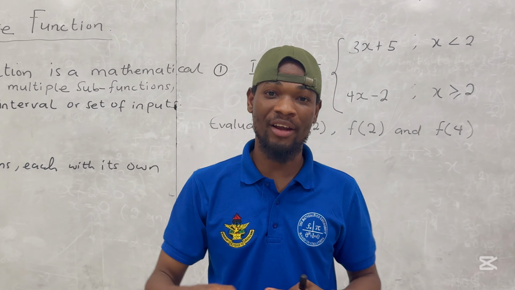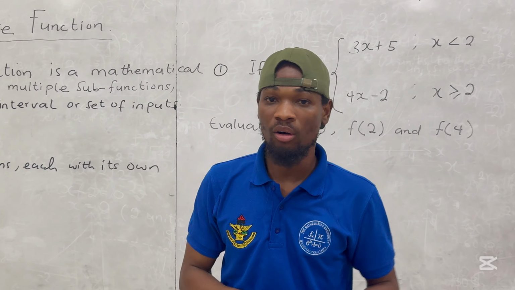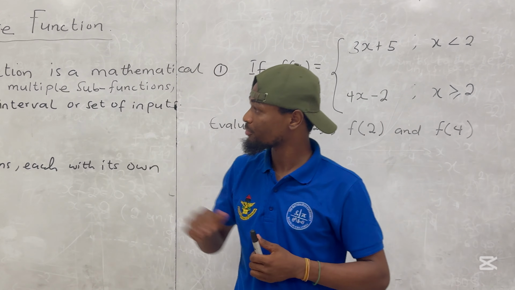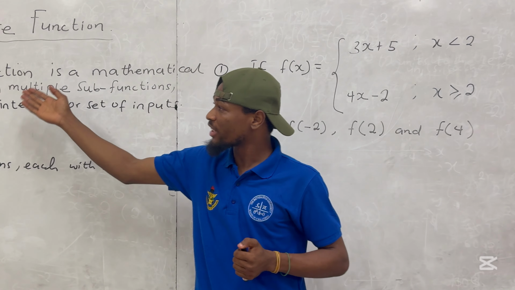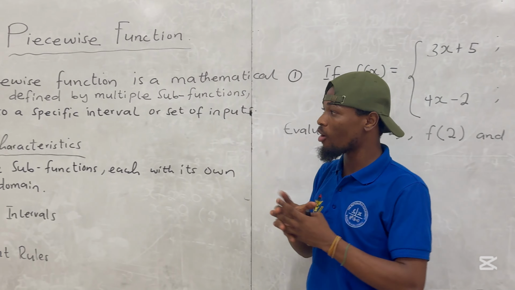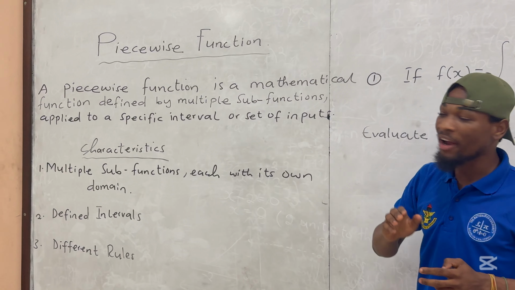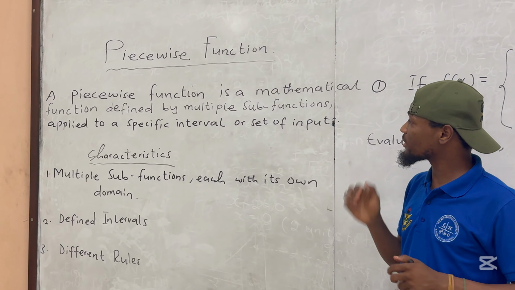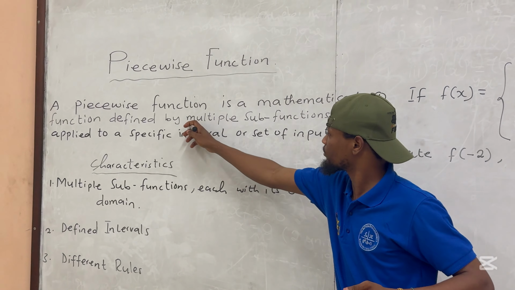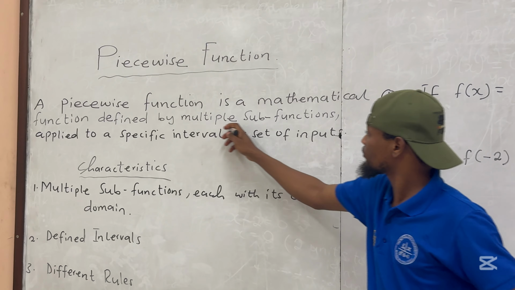Of different domain. Okay, so on the board we have a piecewise function is a mathematical function defined by multiple sub-functions applied to a specific interval or set of inputs.